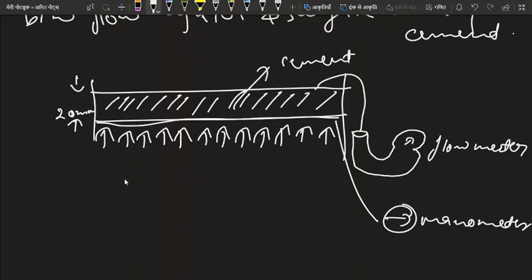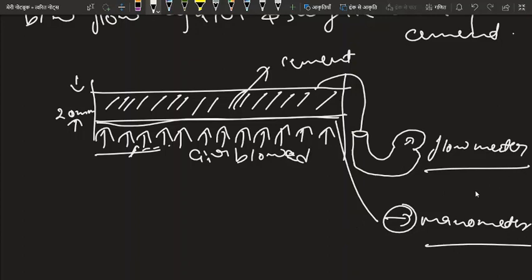A manometer is attached to the base, and a flow meter is also attached to the permeability cell. Pressures H1 and H2 are noted with the help of the manometer and flow meter. We get H1 from the manometer and H2 from the flow meter.